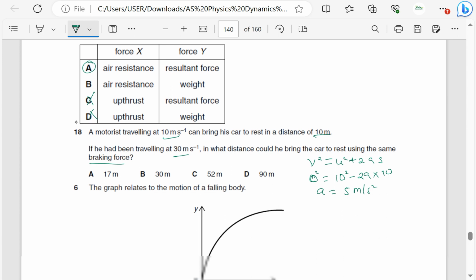Then in what distance could he bring the car to rest using the same braking force? He's using the same deceleration, because force is equal to mass times acceleration. If it's the same braking force, then it's the same deceleration.